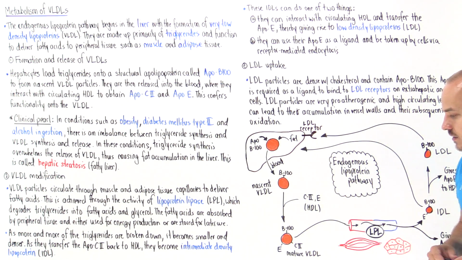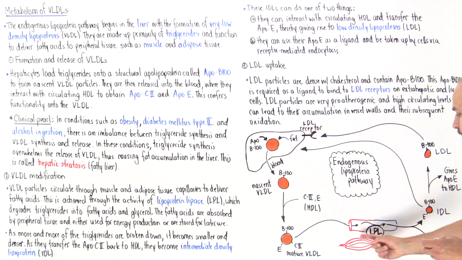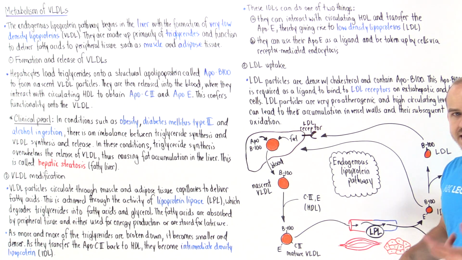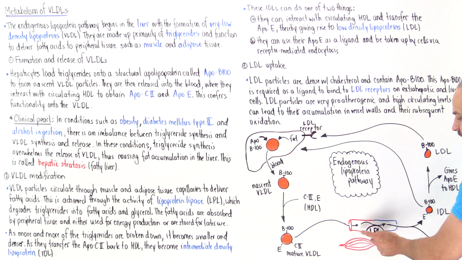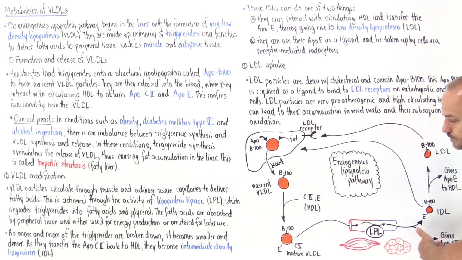So the mature VLDL molecules circulate in the bloodstream until they get to the capillaries of extrahepatic tissues such as skeletal muscle, cardiac tissue, adipose cells, and so forth. Now, these cells produce and release lipoprotein lipase, LPL, an enzyme that associates with the endothelium of the capillaries.